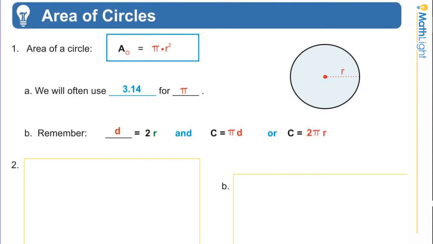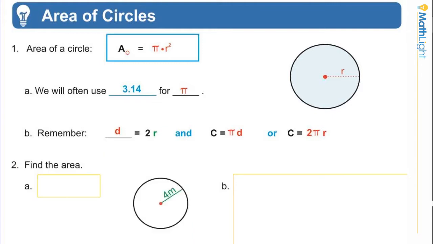We've already had these formulas earlier in the course, but if not, refresh your memory. Twice the radius is the diameter, or the radius is half the diameter. Circumference is pi d, or 2 pi r. With those formulas, you'll be able to figure out area of a circle without much of a hitch.